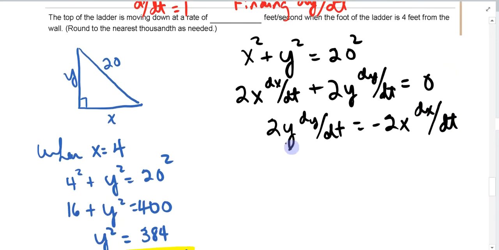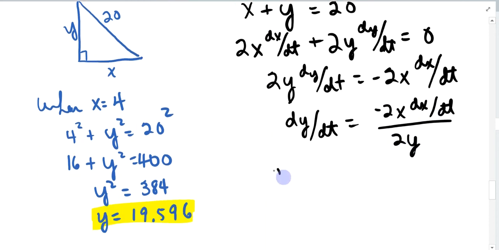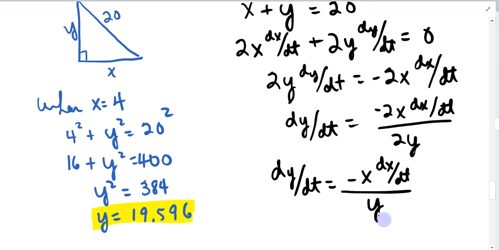Okay? Divide by your 2y. So dy/dt equals negative 2x dx/dt over 2y. I can simplify that a little bit and say dy/dt equals negative x dx/dt over y.